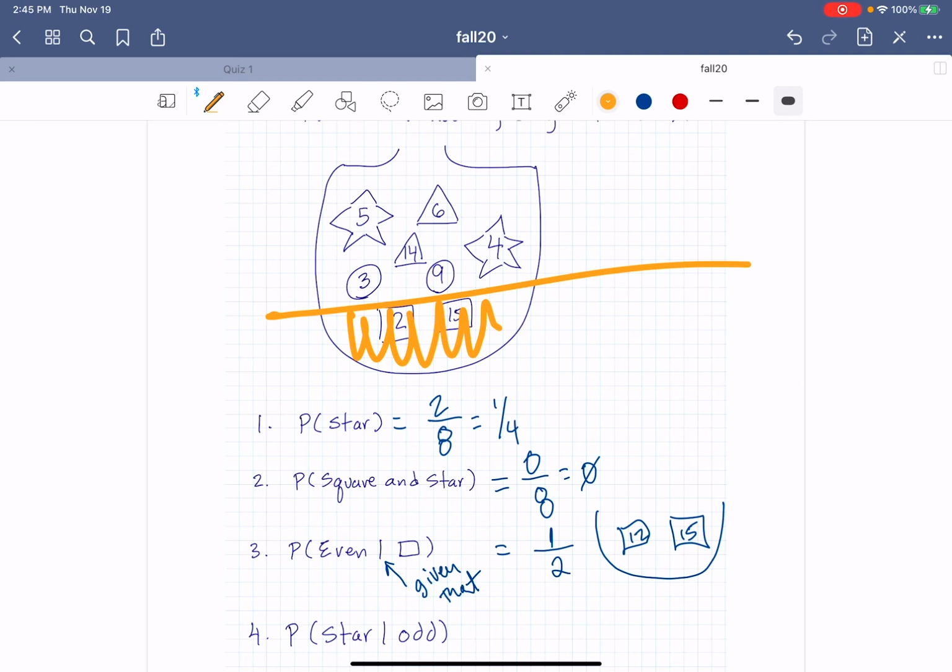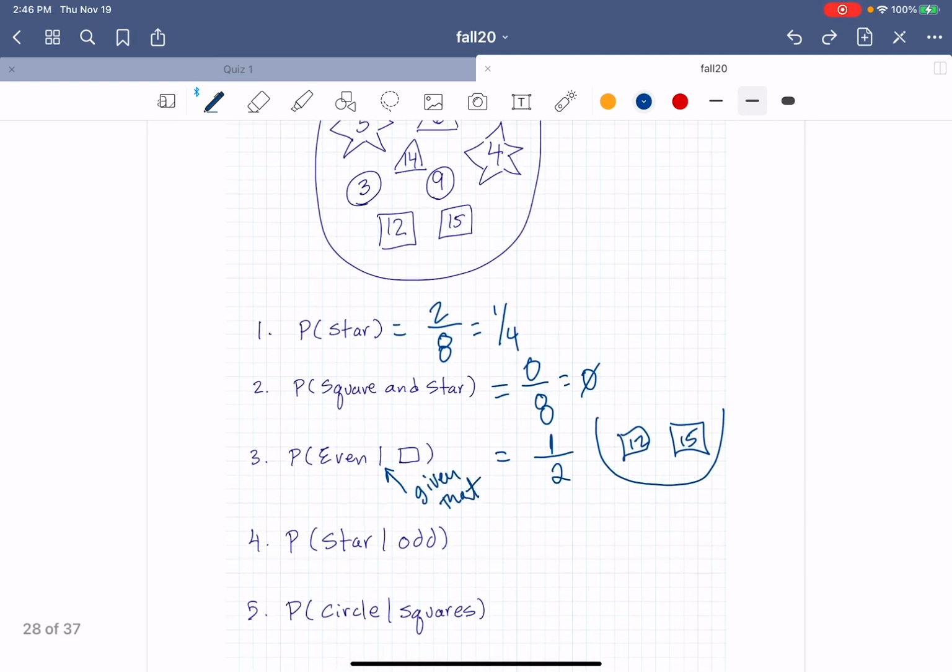Conditional statements are very important because they narrow your probability of finding what you're looking for. Okay, let's keep going. Let's do the next one.